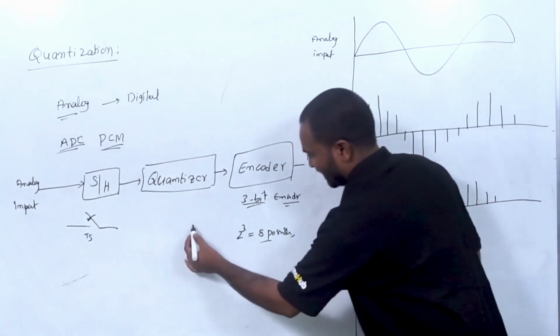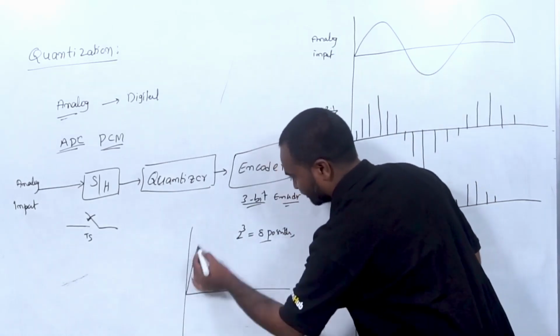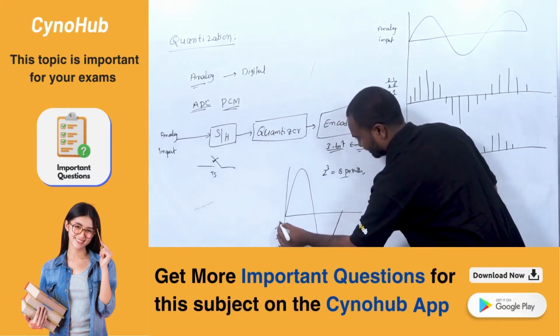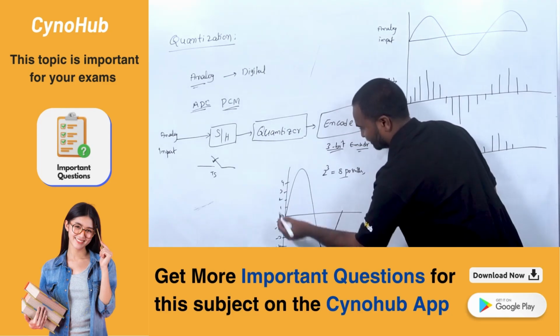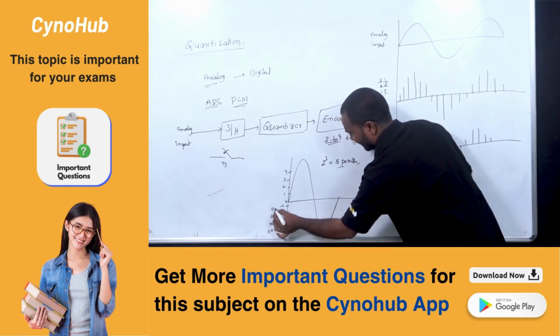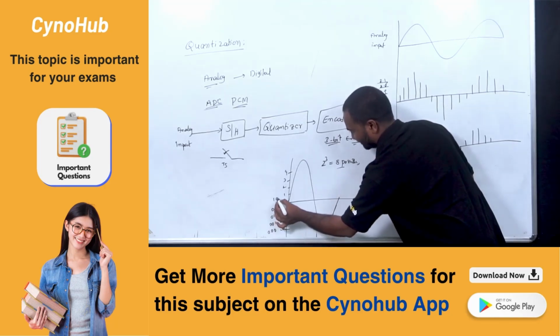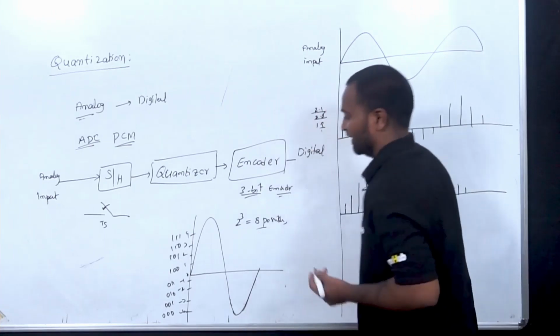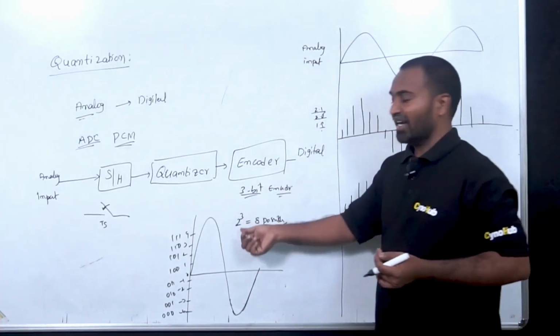So it generates the equivalent binary data for each sample. So this is the working of the encoder.